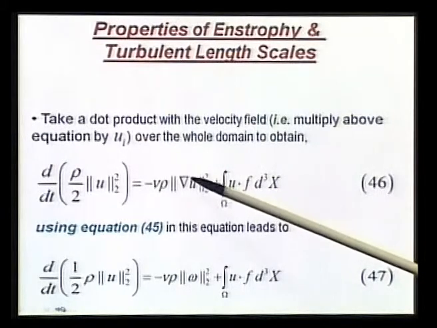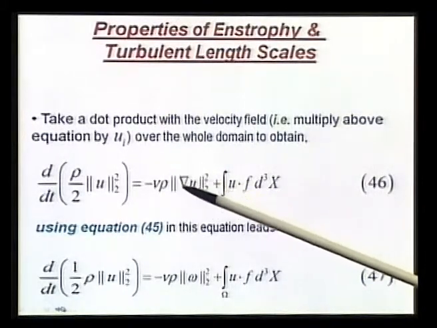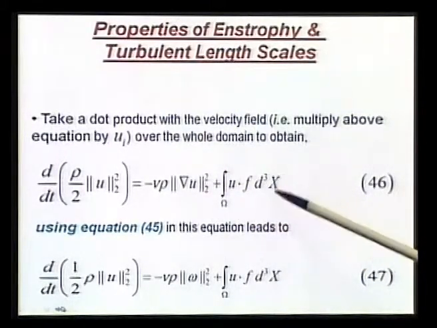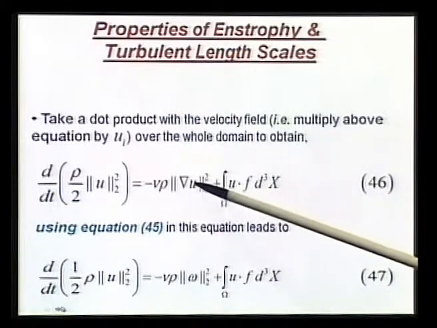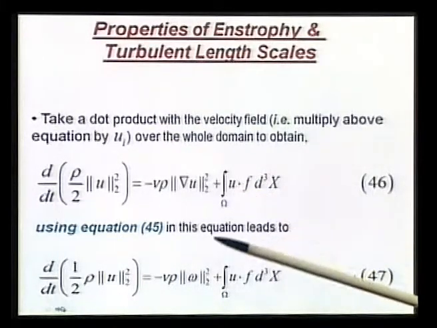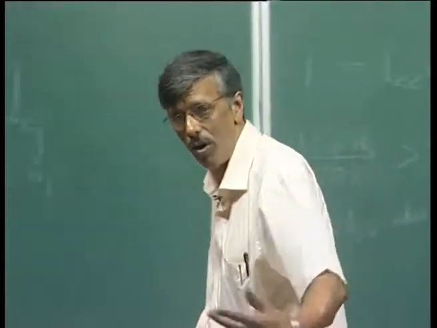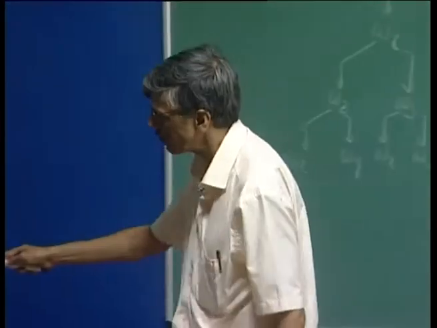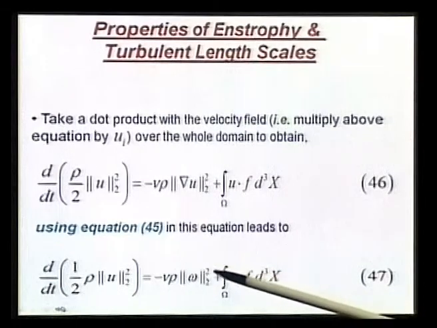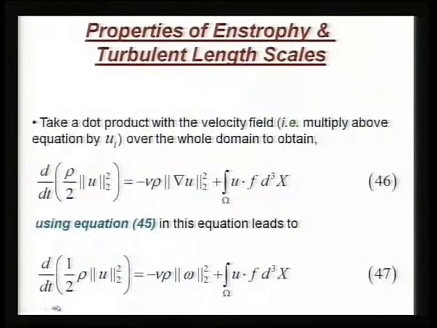This comes from the viscous dissipation term, and this comes from the body force term, right. Since we have now established that this quantity itself is equal to enstrophy, you can very clearly see the role of enstrophy. Enstrophy tells you how the energy is drained out because of this viscous diffusion term, right. So, enstrophy is a very, very powerful tool.